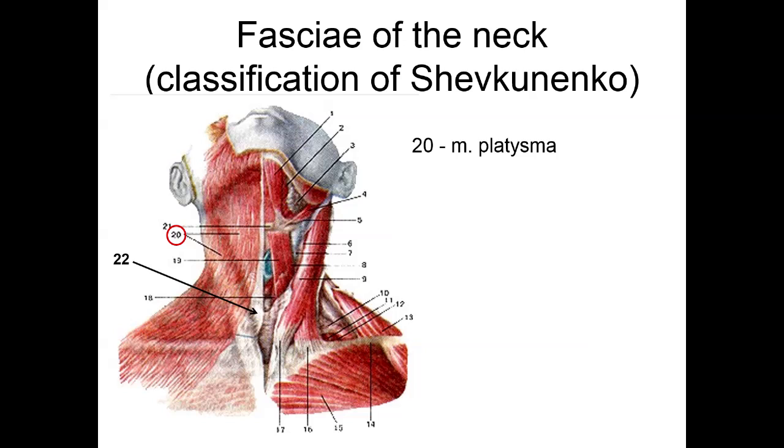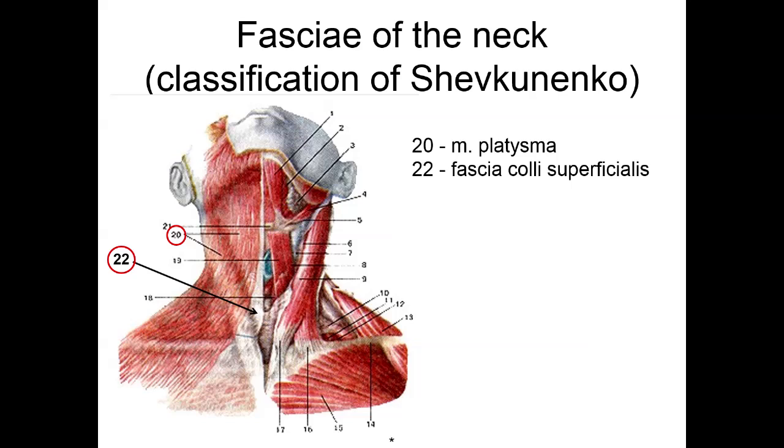So number 22 is fascia colli superficialis. It means platysma is placed in this fascia and is covered by it.